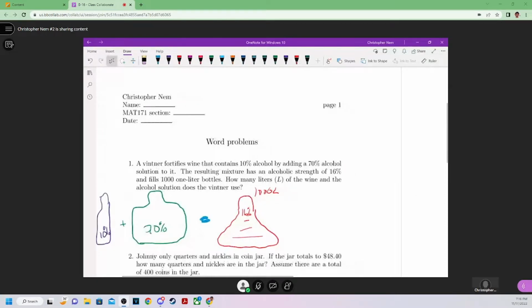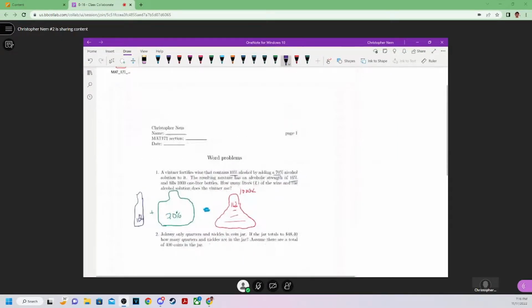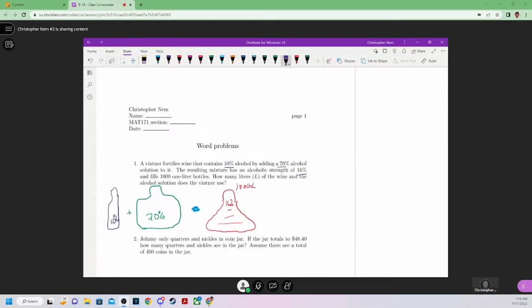But a key underlying issue we have been working with is alcohol percentages. So one of my equations is going to relate to alcohol amount.